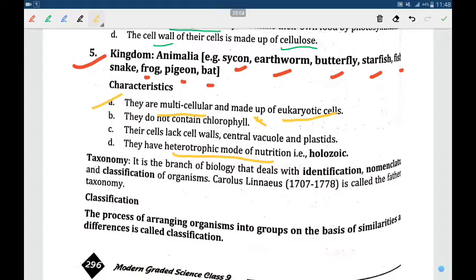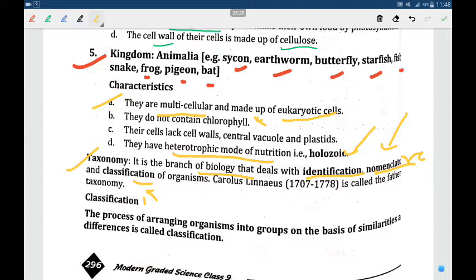Now students, what to discuss? Taxonomy. What is taxonomy? It is the branch of biology where nomenclature and classification of organisms is done. First, the organism is identified, and one name is given to it and kept in taxonomy.